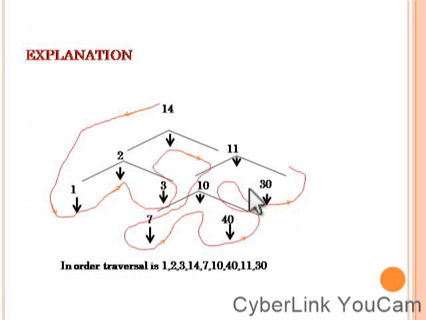Next, the explanation of inorder traversal. When we are finding the inorder traversal, how are we finding it? For each element we can put a down arrow. So we touch the arrows from the left side onwards: 1, 2.